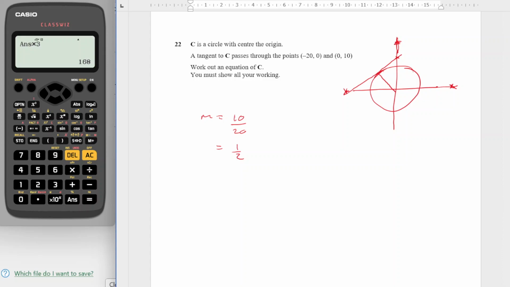So it would have a gradient of a half. So the gradient of my radius, I'm going to call that MR, would have a gradient of minus 2. The equation of the radius would be y equals minus 2x plus c.